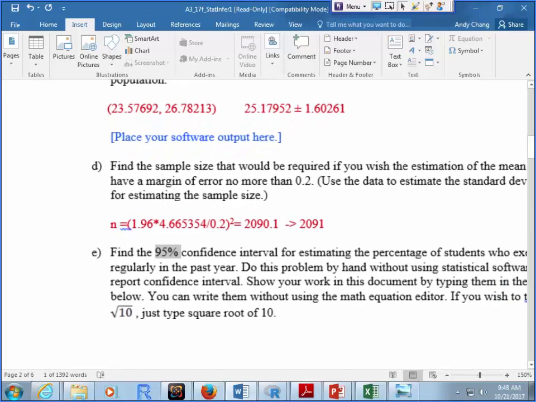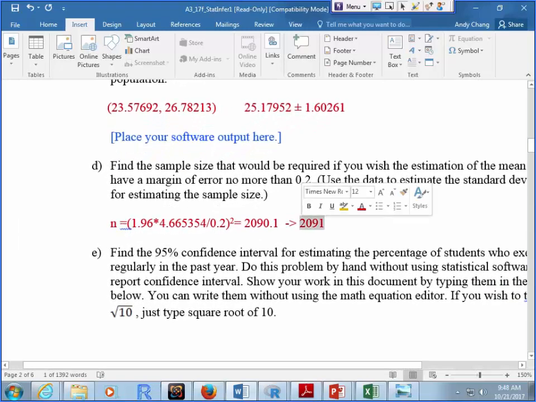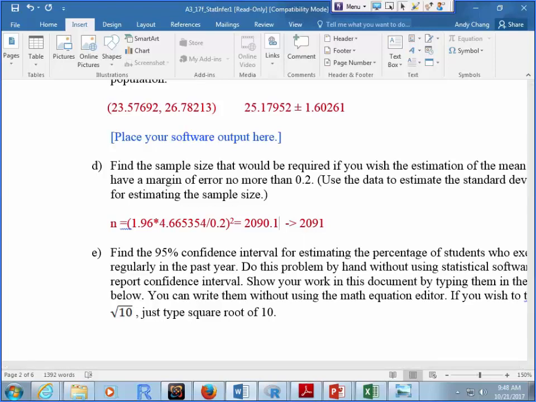Yeah, that's right. If there was anything after the point, you always round up. You don't do regular rounding, right? It always rounds up to the next higher integer.